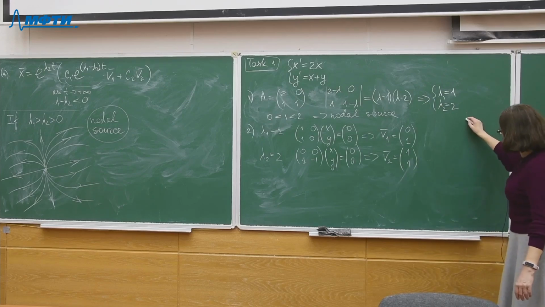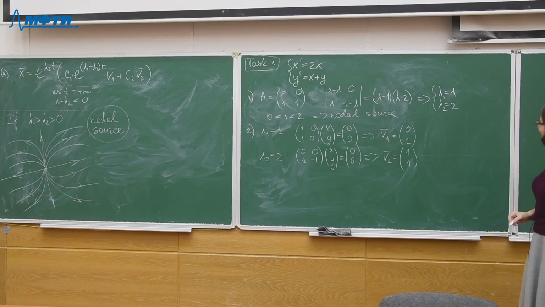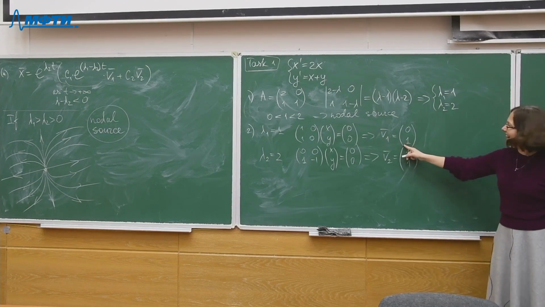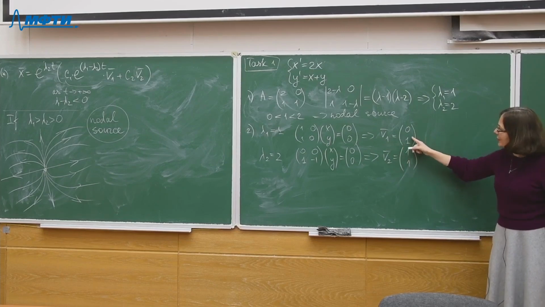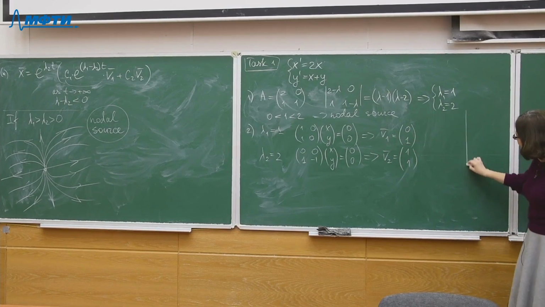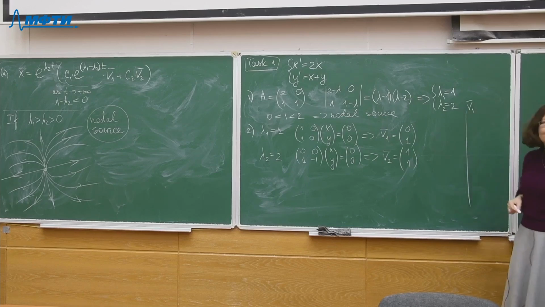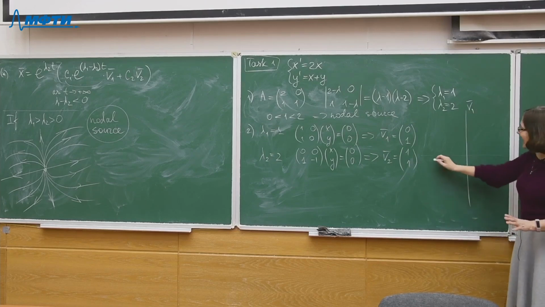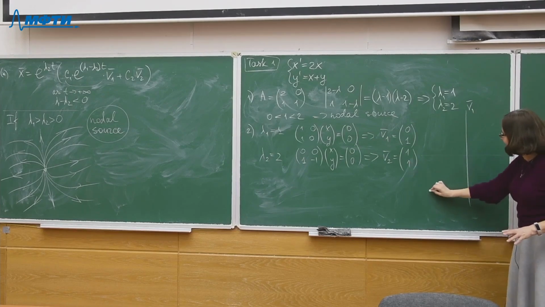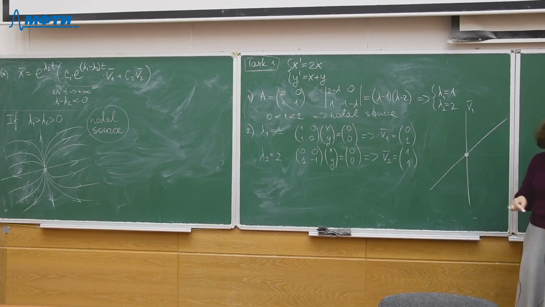Now draw the figure. So these are axes, but the line determined by this vector will be (0, 1). So it is this vertical line. This line corresponds to the vector v1, so without any direction, right? And (1, 1) is this straight line. Okay, so this is an equilibrium point.